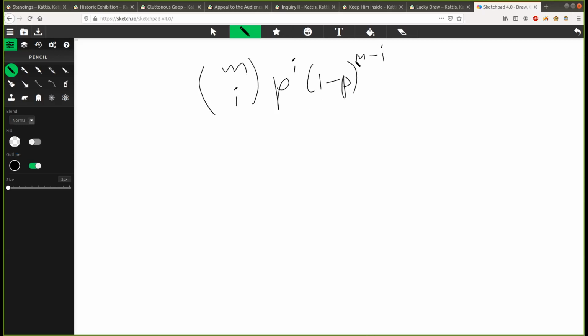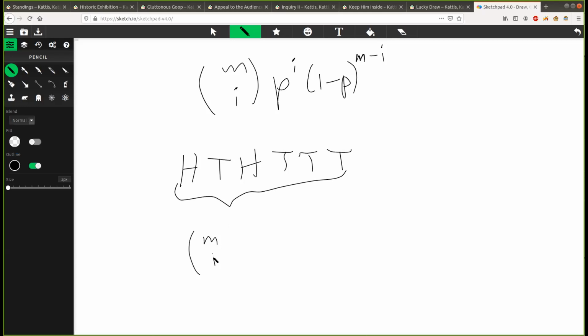So the reason for this is that for sequences of heads and tails, there's exactly m choose I orders for those heads and tails, and then for a fixed order, each head has a probability of p and each tails has a probability of 1 minus p, and then the total probability will be this formula because heads appears I times and tails appears m minus I times.